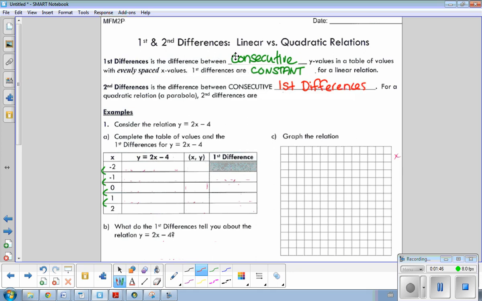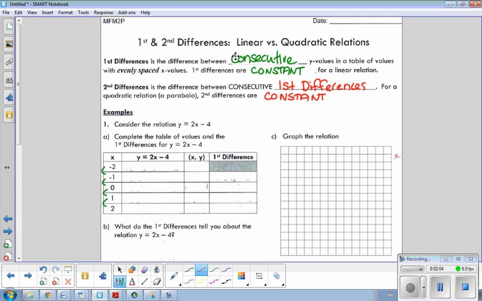For our quadratic relation, the second differences are also constant. That's the learning goal for today: knowing that property, that for a linear relationship, first differences are constant, and for a quadratic relationship, second differences are constant.